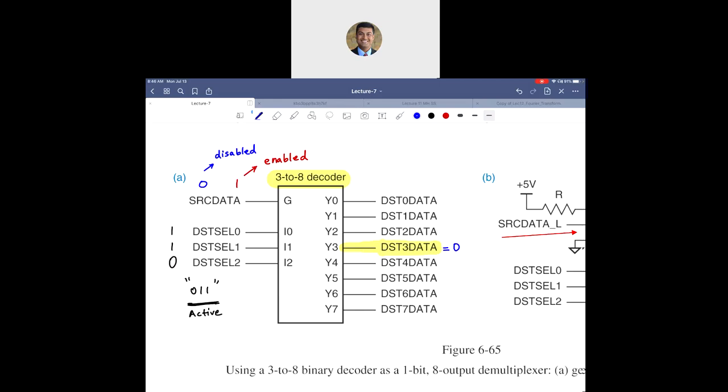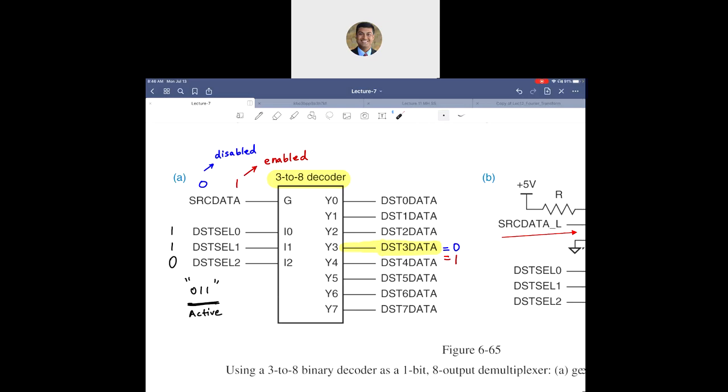And these are all active high outputs, so inactive would mean 0. And then when it is enabled, what would this be? Active. Perfect. 1, right? So you see this 0, 1 gave you 0, 1.